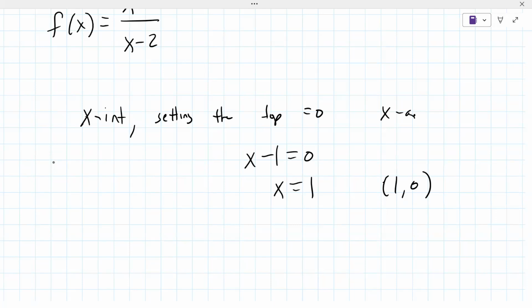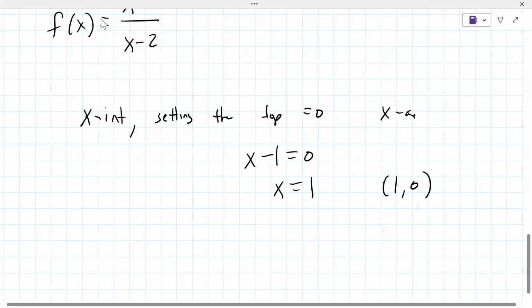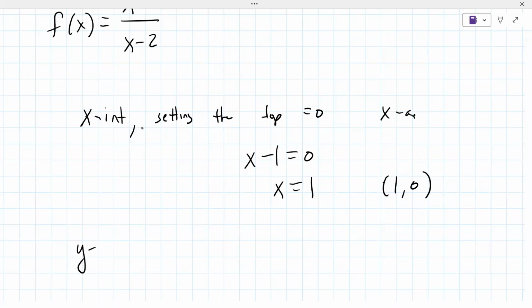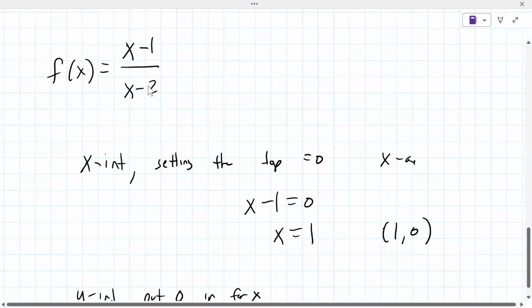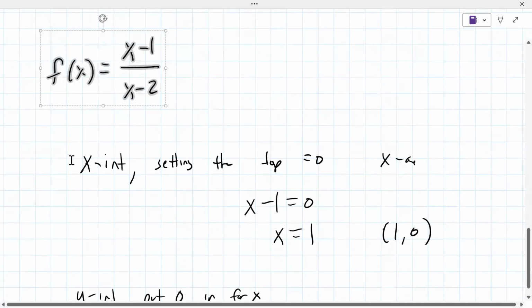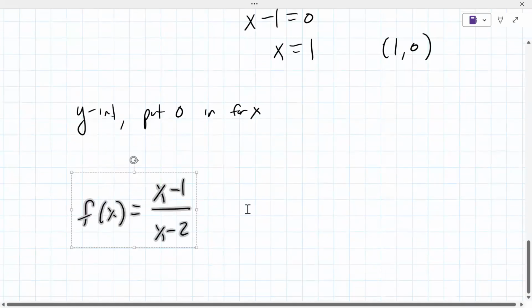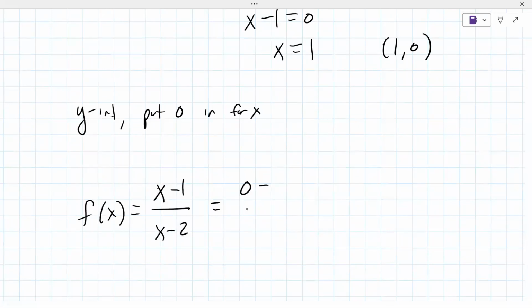Okay. There we go. So now the next thing, to find the y-intercept, you put 0 in for x. So if you look up here, you've got to put 0 in for x in both of those. 0 minus 1, 0 minus 2, what does that become?